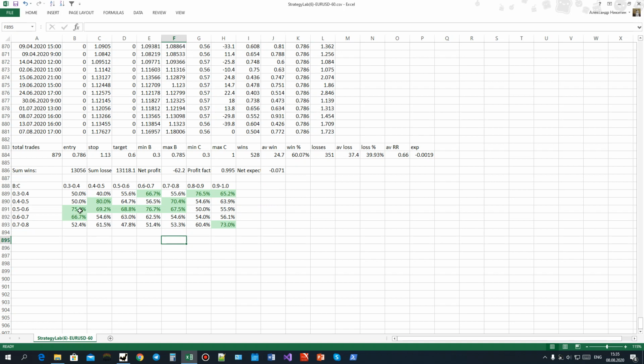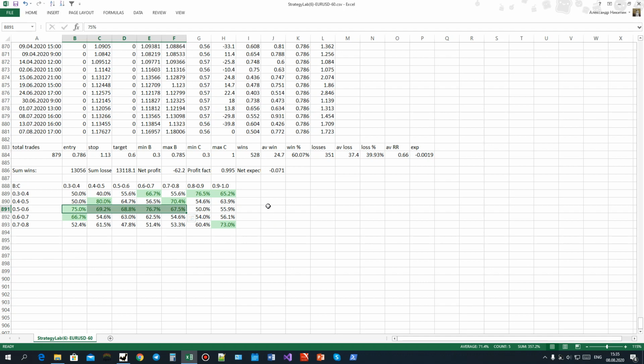Here it is. This one, the B point is 0.5, 0.6, and the C point is 0.3 to 0.4. And this one is 0.5, 0.6 as well. So actually we can unite this, saying that the B point is 0.5, 0.6, and the C point is 0.3 to 0.8. You see? So we unite that range exactly as it is here.